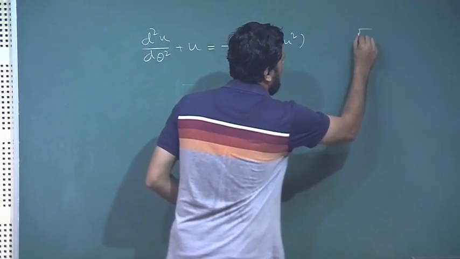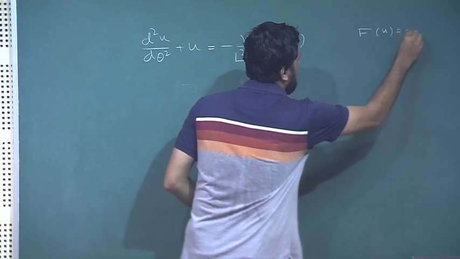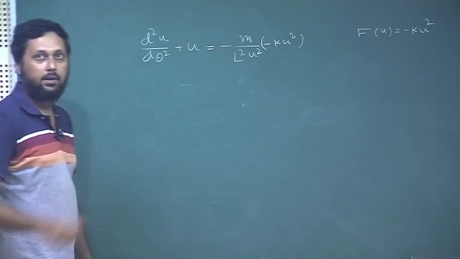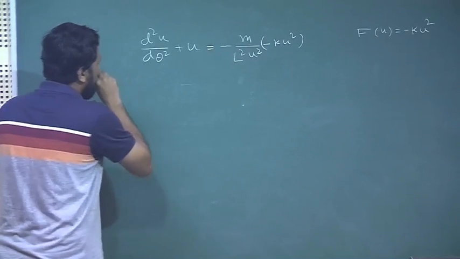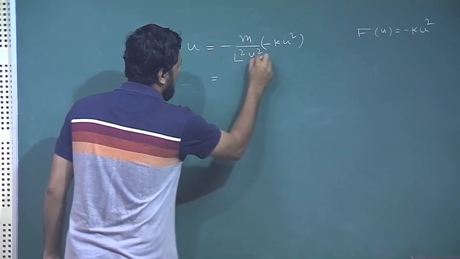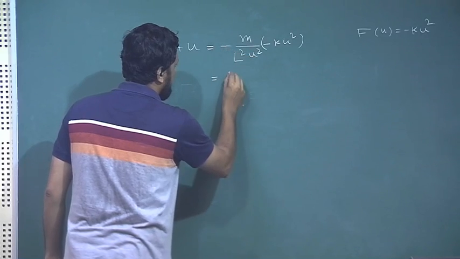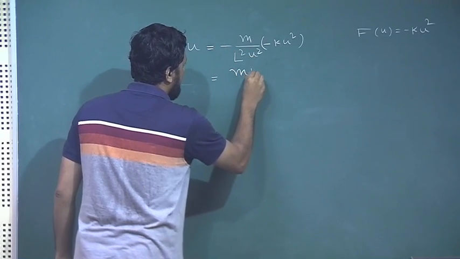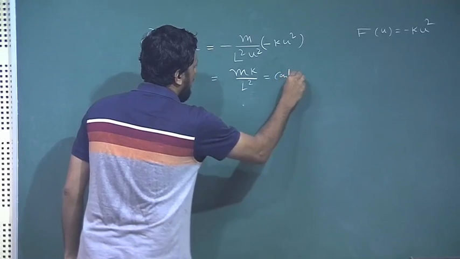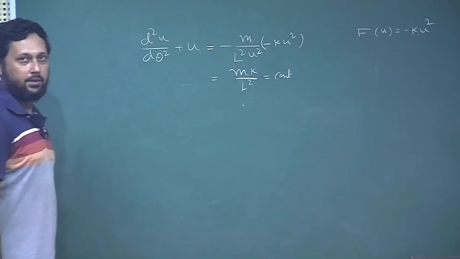So, our force law is f(u) = -k u², right. If we do that, we immediately see that on the right hand side u² cancels, this becomes a plus sign, so m k/L², which is a constant, right.